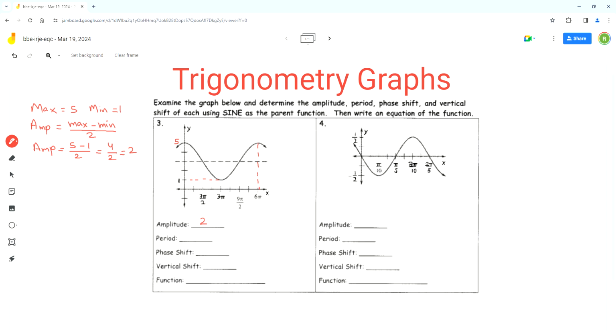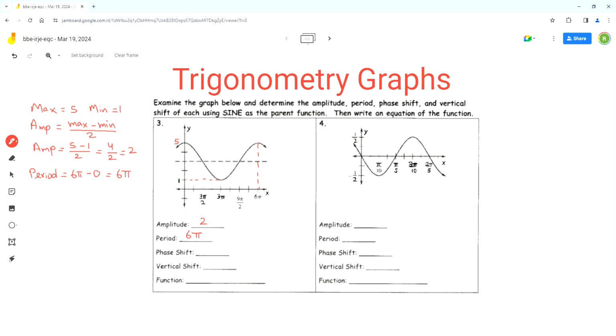So the first maximum point is at x equals 0 and the other is at 6 pi. The period is the length of this full cycle, so it will be 6 pi minus 0, which is equal to 6 pi. So the period for this function is 6 pi.